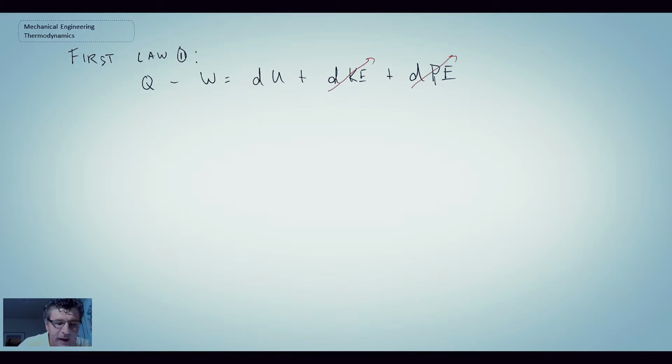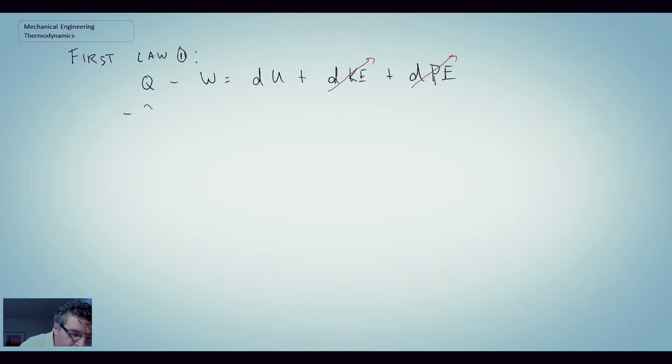Remember in my schematic for the piston cylinder device, we had delta Q and delta W. Now, the heat was leaving the piston cylinder device, and with our convention of heat transfer into a system being positive, that means the heat transfer is negative.